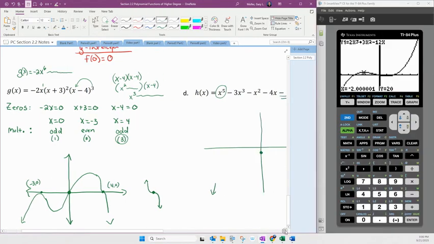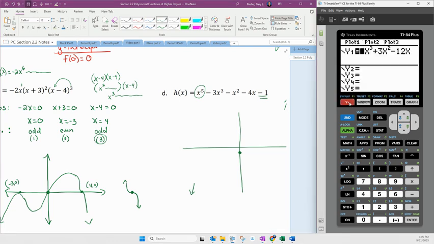All right, so let's plug this in. Let's go to y equals. I'm going to clear that one out. And I'm going to go x to the fifth. Scroll out of the superscript. Minus 3x to the third. Scroll out of the superscript. Minus x. I'm going to hit the squared button. Minus 4x.